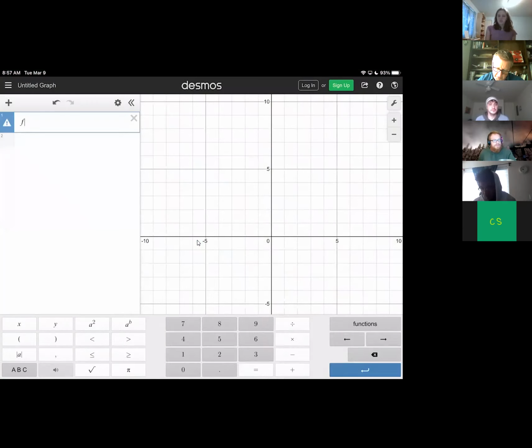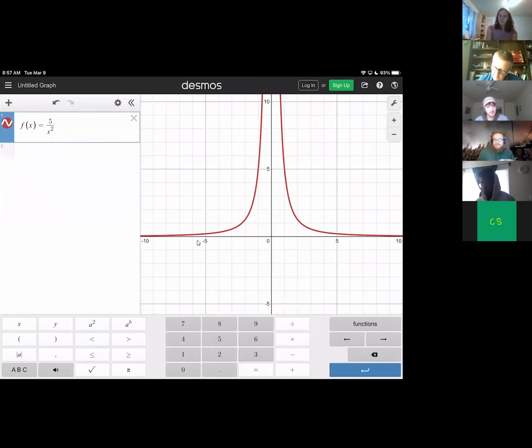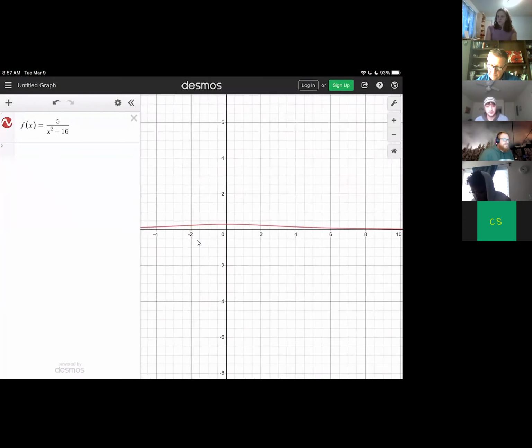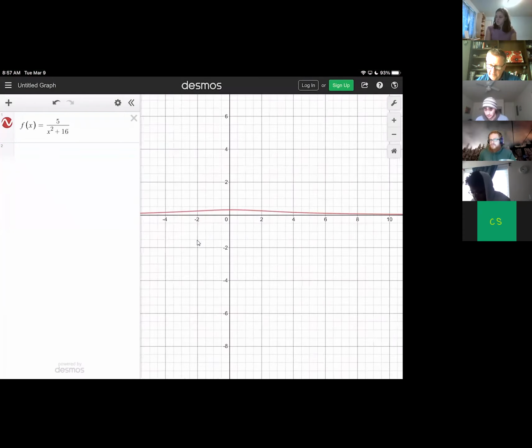I just want to remind you that you can do this. This is something you should know, but let's just do it again. We haven't done much of this lately. So we had 5 divided by x squared plus 16. Let's see, what mode am I in? Radians. That's a pretty flat looking graph. So notice the graph exists everywhere.